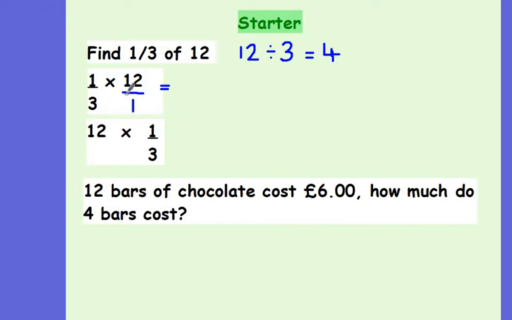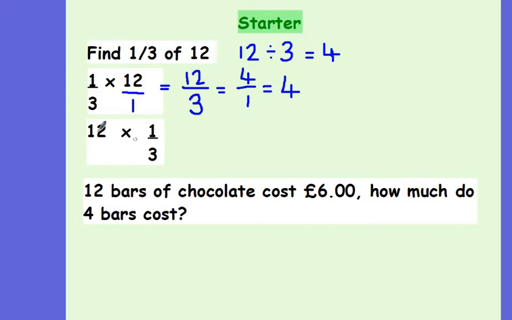Having done this, we now need to multiply our numerators together. So 1 times 12 gives me 12, and then our denominators together. 3 times 1 gives me 3. I can simplify this by dividing top and bottom by 3, and that will give me 4 over 1, which we know is exactly the same as 4.